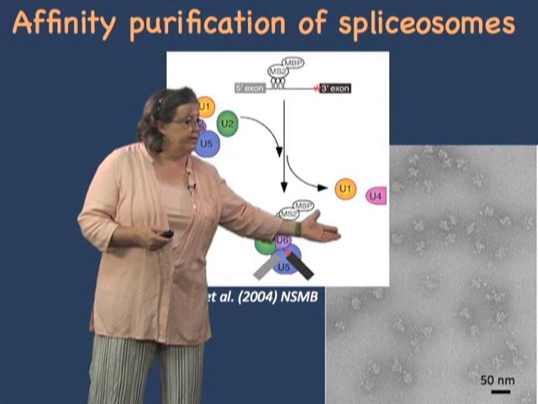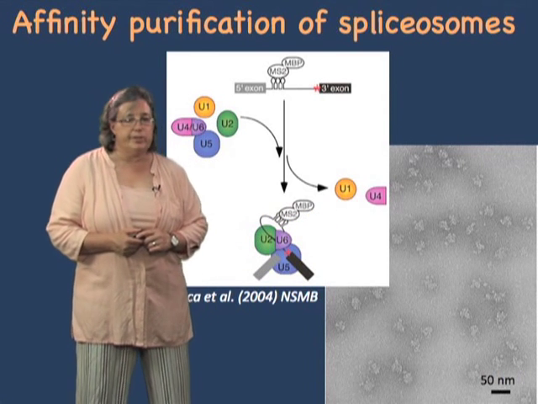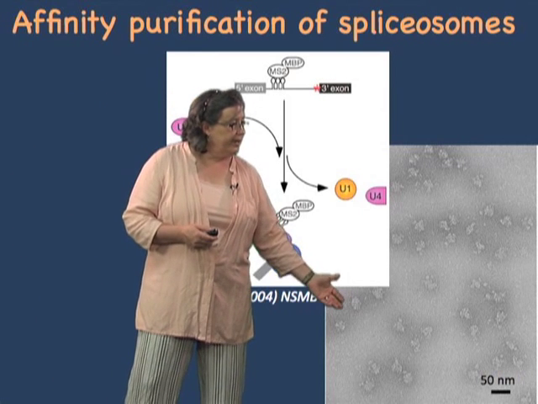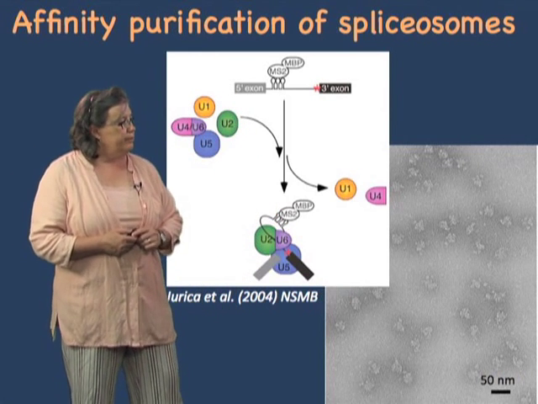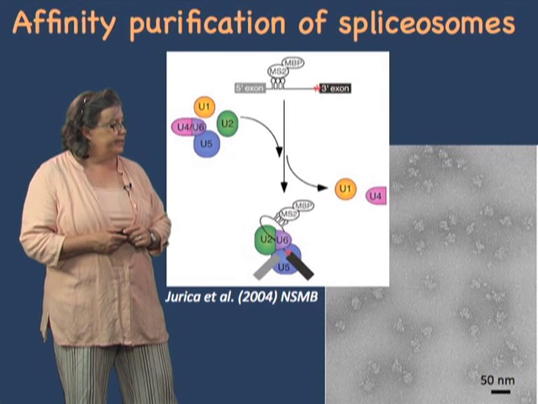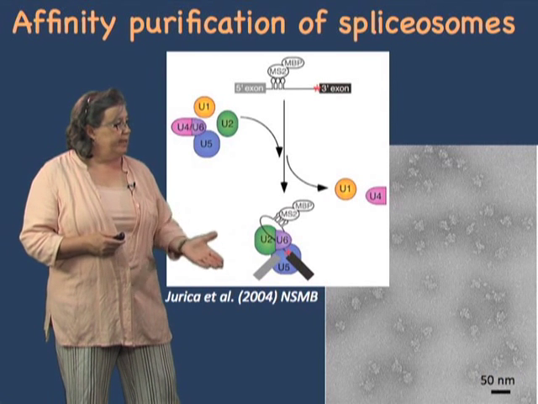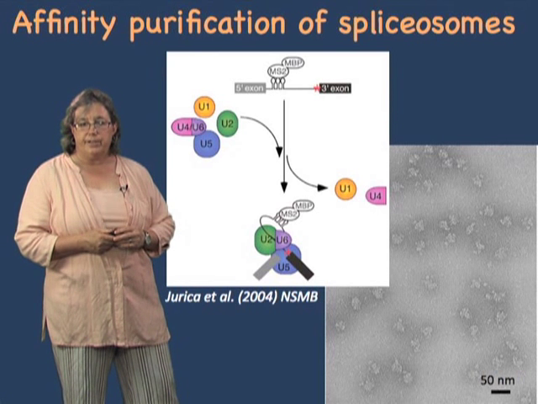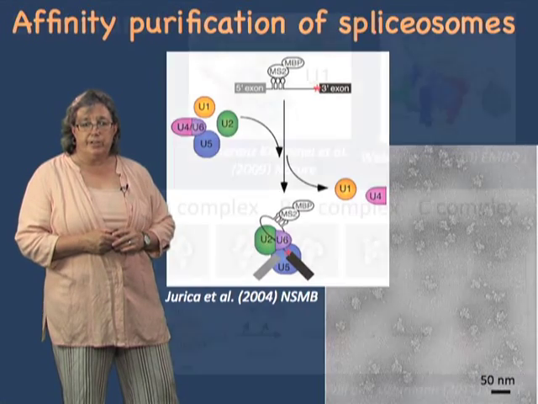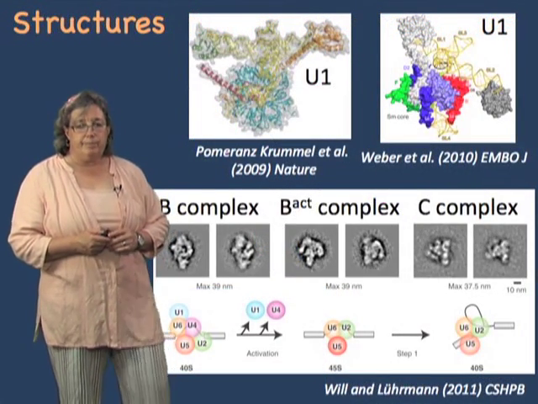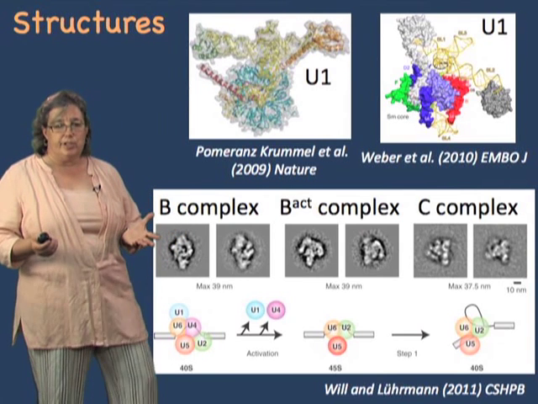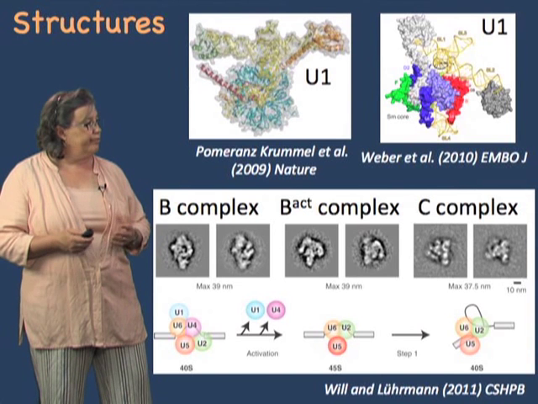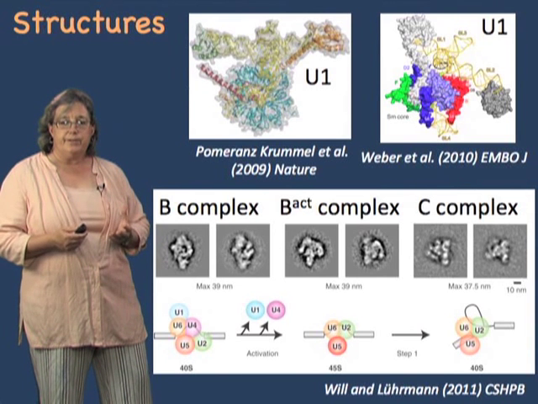And you can see here an EM image of those spliceosomes, and the spliceosomes are all around 20 to 30 angstroms in size. Now from those EM images, you can do single particle reconstruction to start to get structures of the splicing machinery. And at this point, in comparison to the ribosome, for example, the structural information we have for the spliceosome is rather limited.